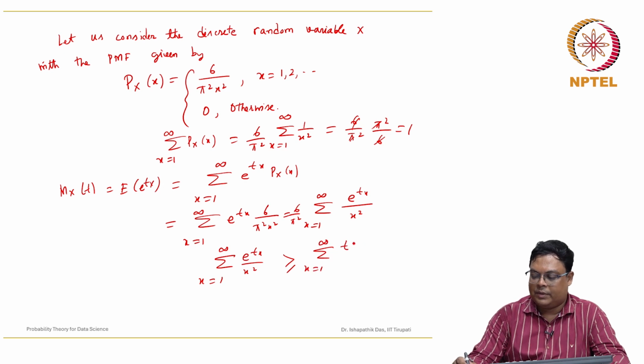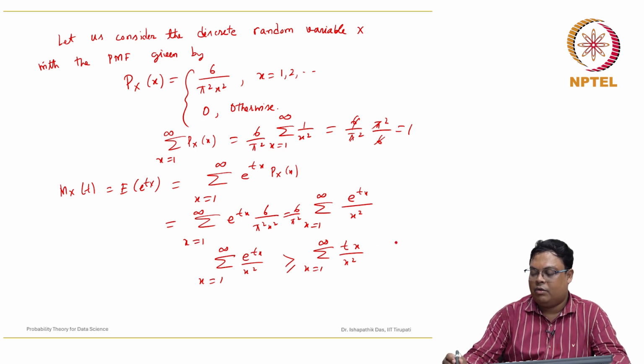the summation over x from 1 to infinity of, suppose we consider t as a positive value, e to the power of tx can be represented as 1 plus tx plus (tx) square by 2 factorial and so on. The other terms are positive, so we are not considering only this term, and that is why this is strictly greater than.